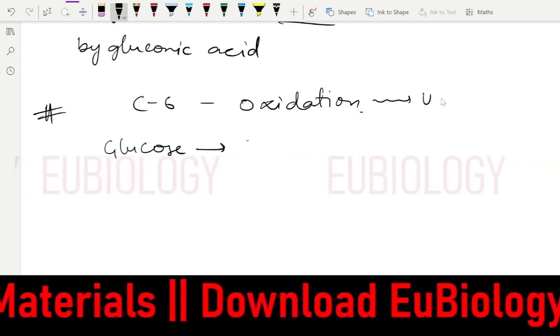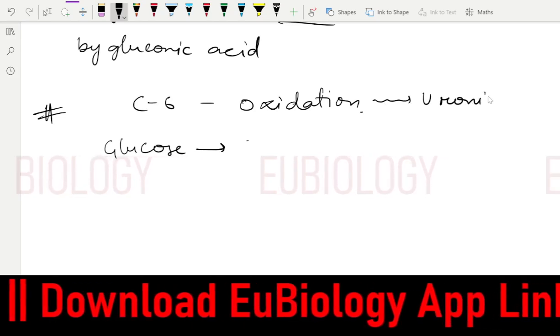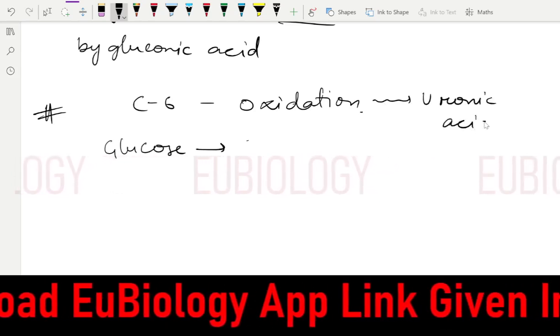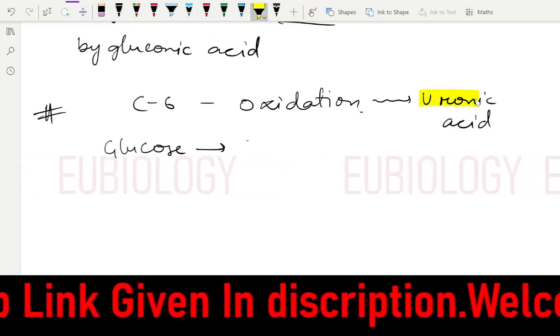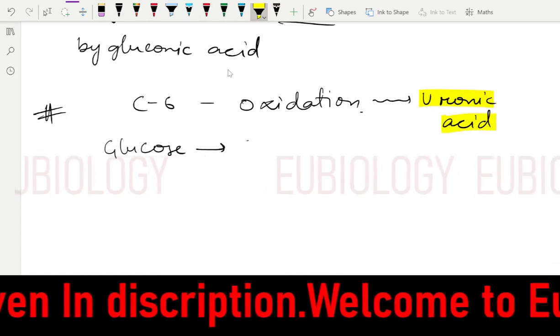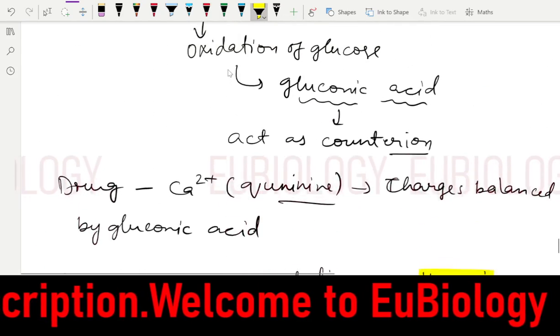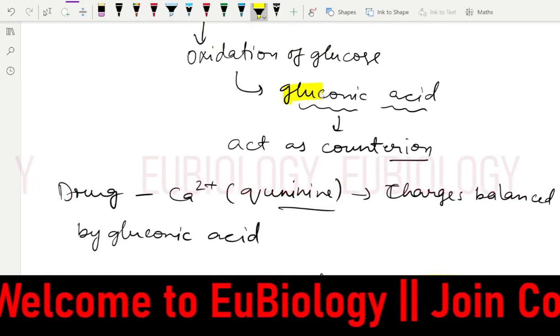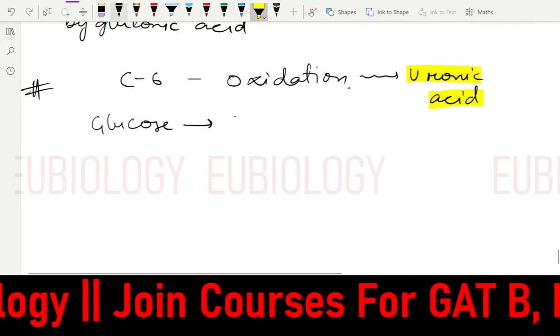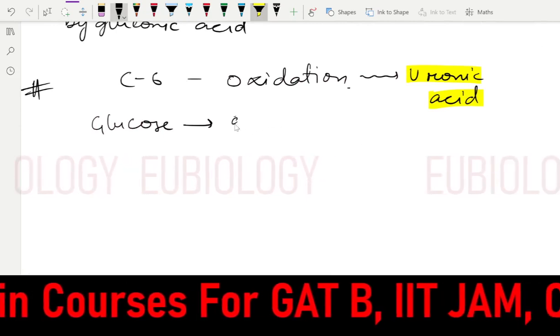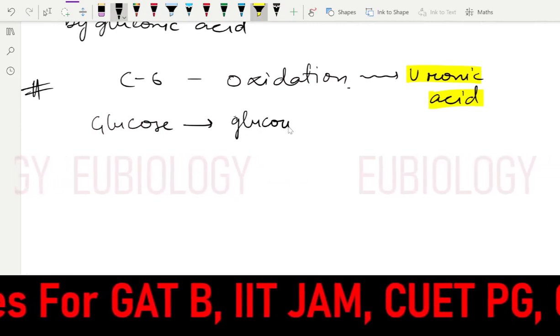Okay, uronic acid. Every C6 carbon, if there is an oxidation, then it will give the uronic acid. Okay, you mentioned here gluconic acid. So in case of glucose, it will be called glucuronic acid.